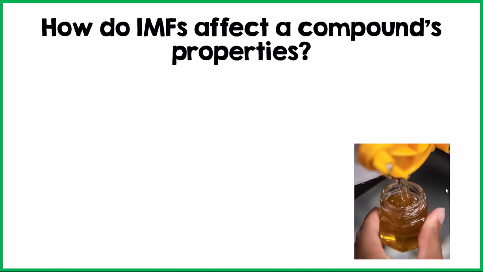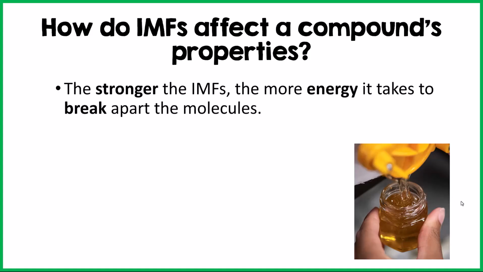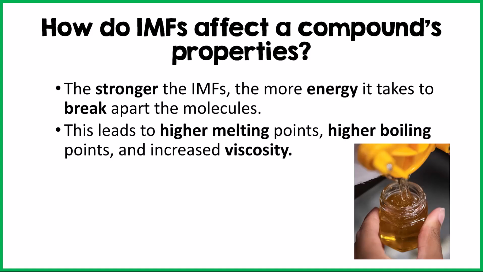So how do intermolecular forces affect a compound's properties? Well, the stronger the intermolecular forces, the more energy it takes to break apart the molecules. This leads to higher melting points, higher boiling points, and increased viscosity.